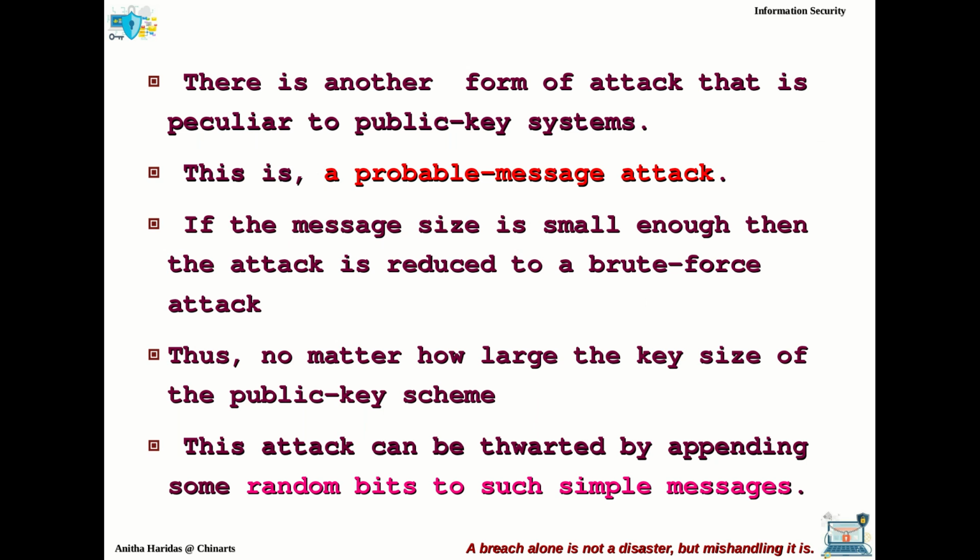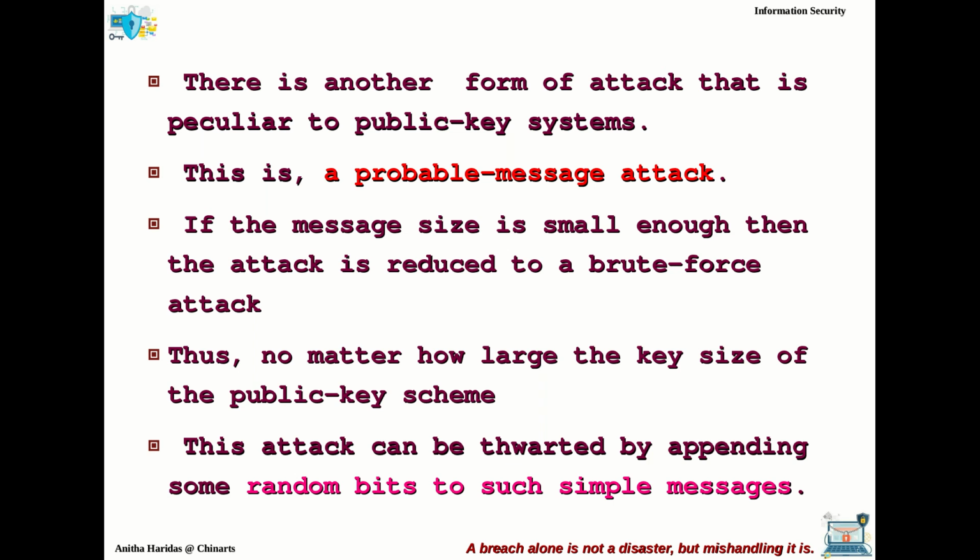And the third attack is what you call the probable message attack. Here the problem is, if your message, not the key, if your message is very small, then it is also exposed to the brute force attack. So to overcome this difficulty, we need to increase the size of the message.